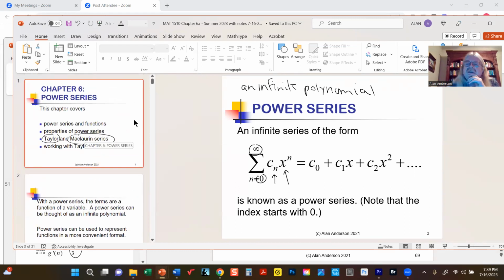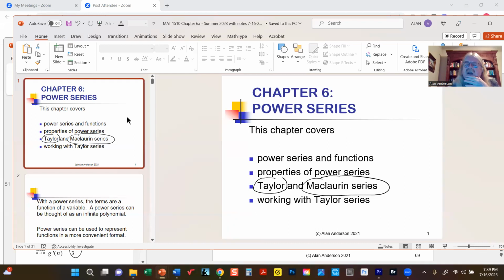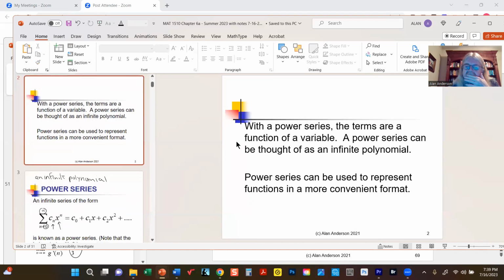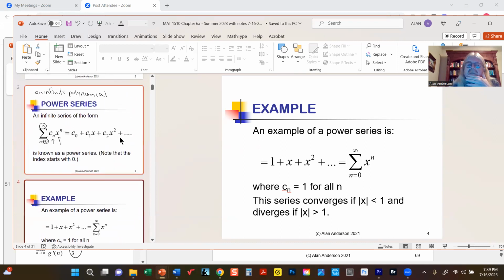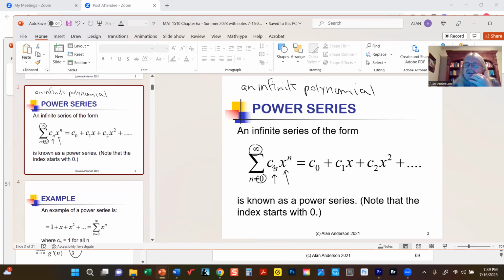Okay, it's an infinite series, but it's a special type of infinite series. And of course, as you can imagine, there are many different kinds of infinite series. Some are more useful than others. This one will prove to be incredibly useful for a lot of applications. So here would be a good example. Let's say that this c is just 1 across the board.